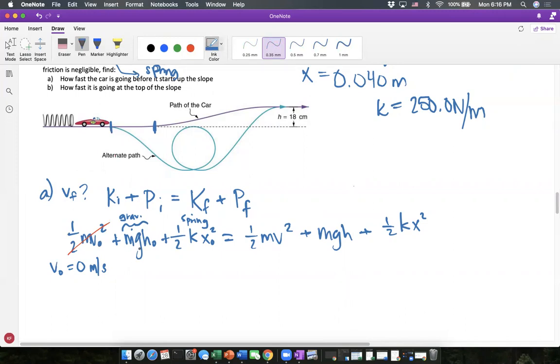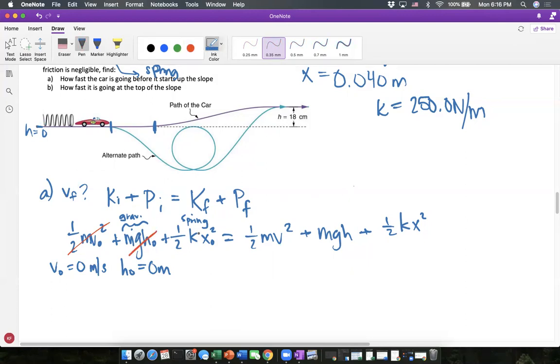Okay, let's look at the next term here. Our mass is constant, our g is constant, our h naught, we can go ahead and label this as h equals 0 right here. So the height at that point is going to be 0. So our initial h naught is 0 meters. So this term also cancels.